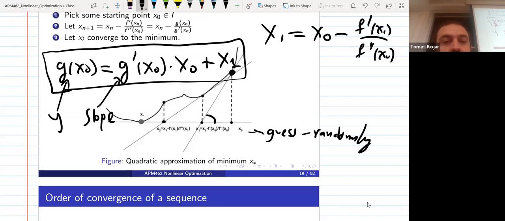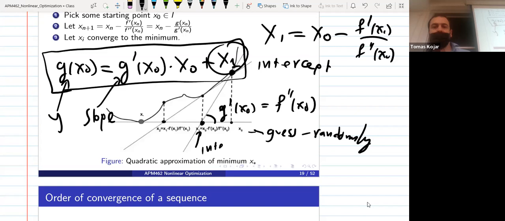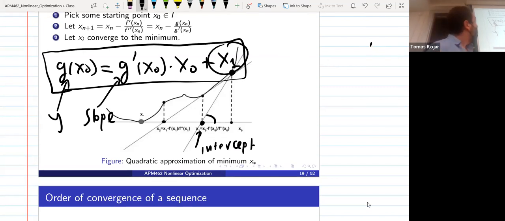So this is the slope g prime, and the intercept is x1. So it hits at some point. Let me clean this up. So I have an intercept and that's the line.